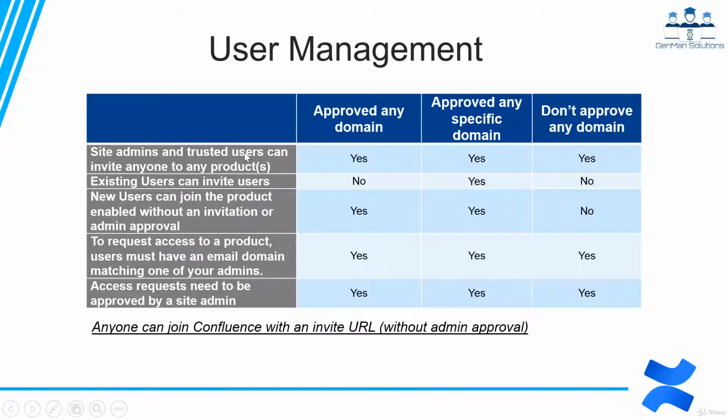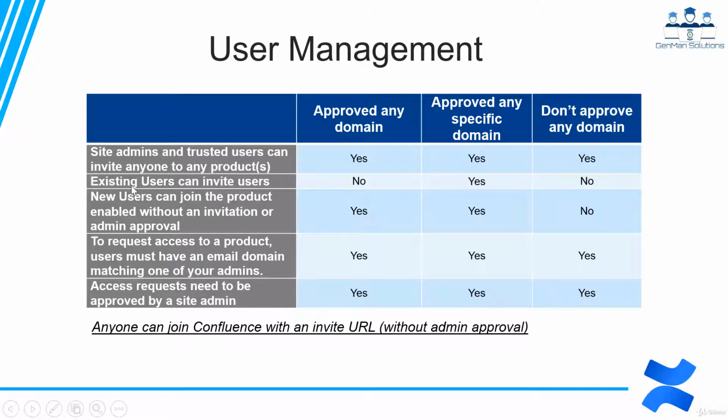Now the way to read this table is, site admins and trusted users can invite anyone to any product. If you have selected the approve any domain option, then in that case it's true. And the same applies to approve any specific domain and don't approve any domain option.